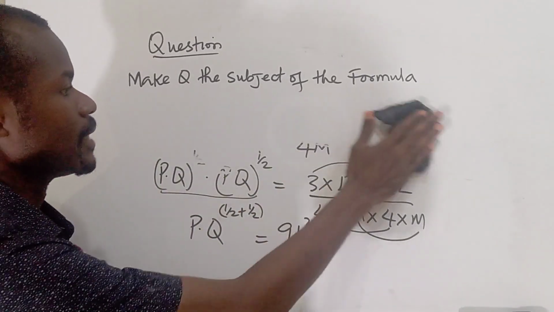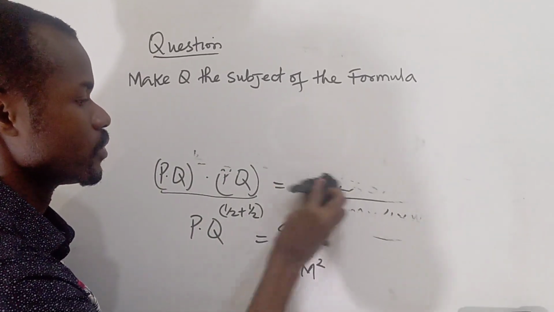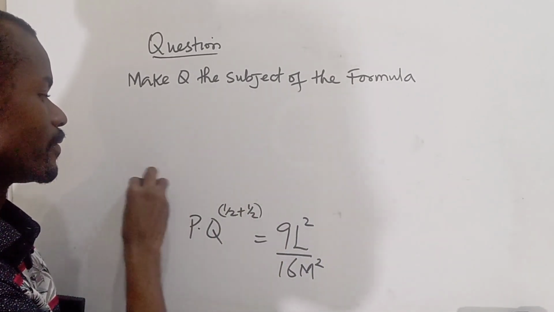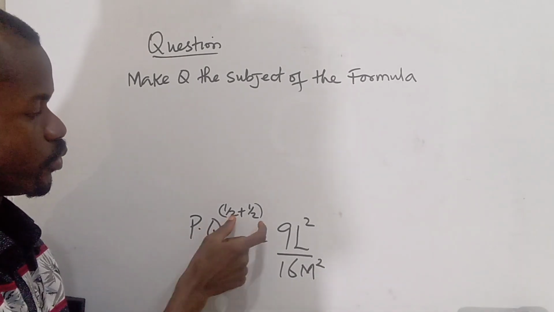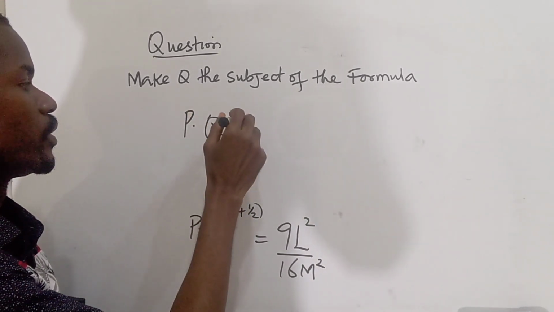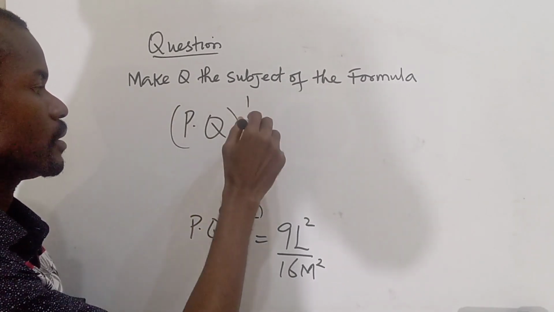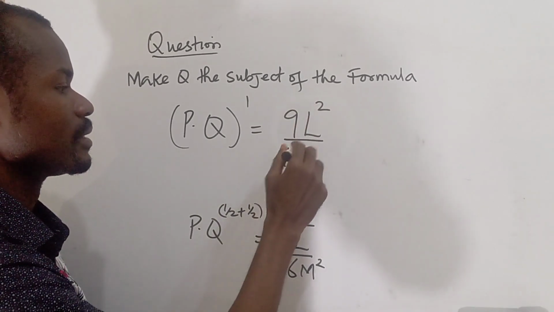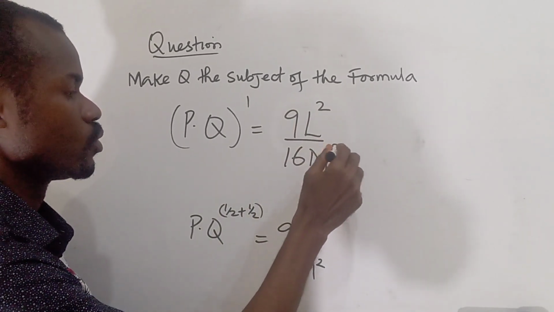We all know that half plus half is going to give us 1. So we have PQ raised to power 1, which is equal to 9L squared divided by 16M squared.